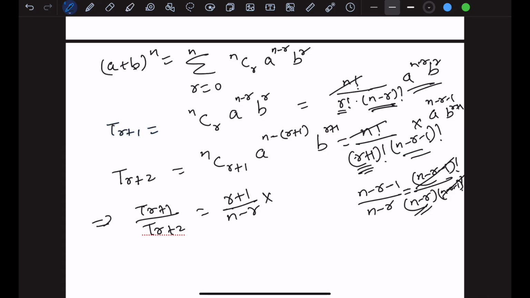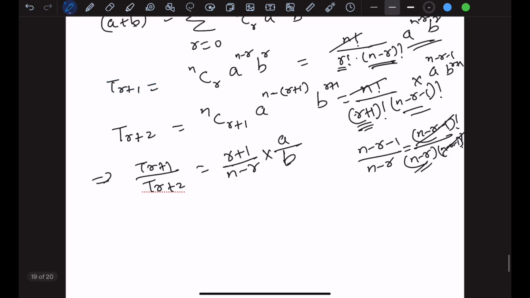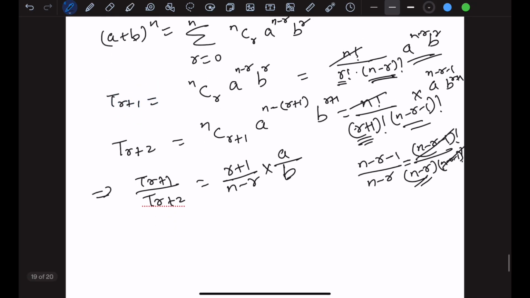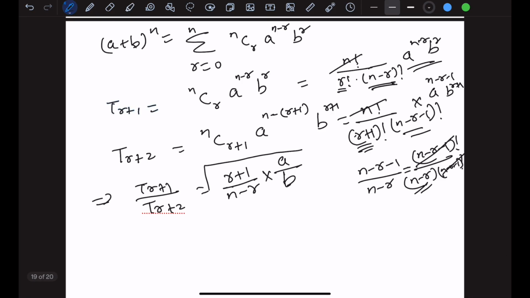In the numerator we have a to the power n minus r, in the denominator a to the power n minus r minus 1. So in the numerator we'll have a left, and in the denominator, b left. So it's a by b. Okay, so this is what we get.